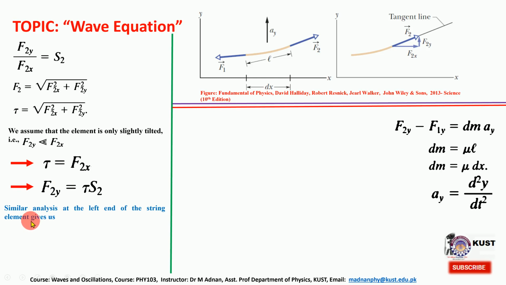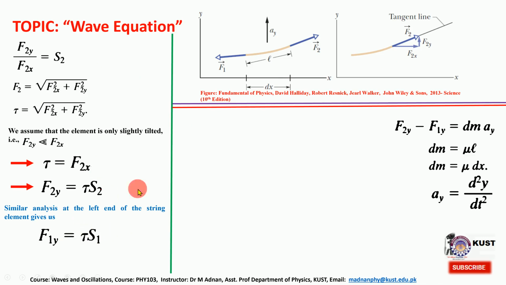Now, similar analysis can be done on this side of the string, decomposing this F1 into F1x and F1y, and finding that the force in the y direction is equal to the tension times the S1 vector, which represents that tangent line.